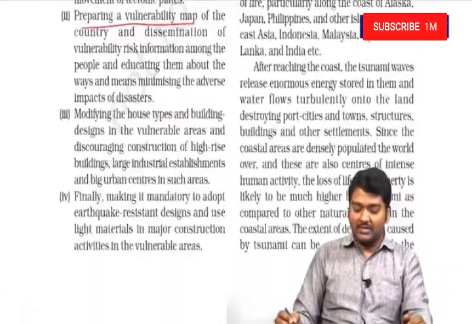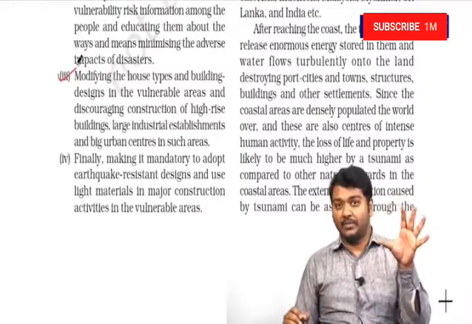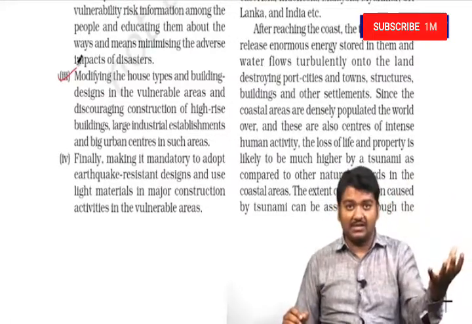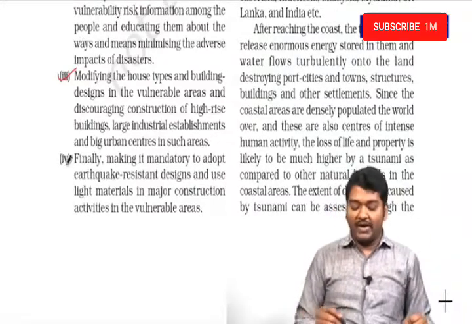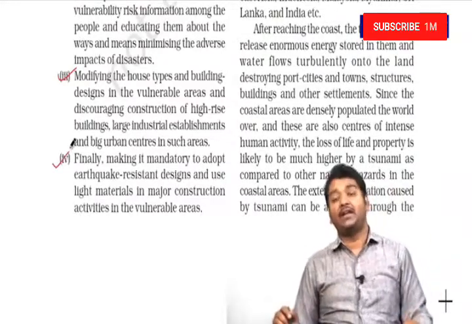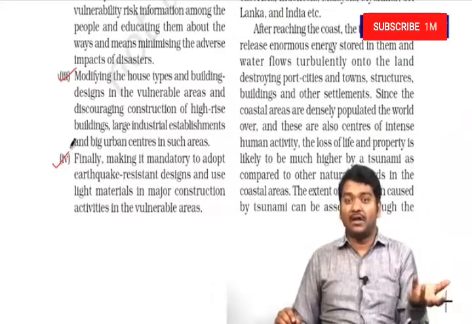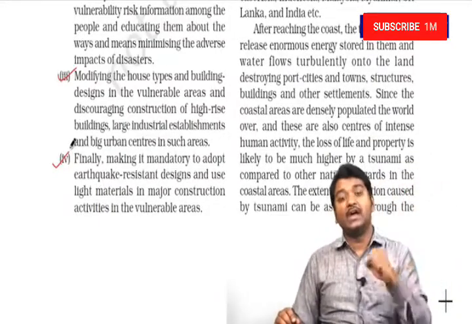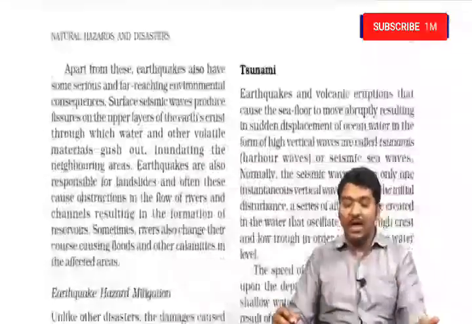Modifying the house types and buildings, wherever more industries are present, there can be blasts in the industries during this particular period, and we have to avoid it. Finally, we have to make our entire ecosystem, lighting and others, eco-sensitive, because whenever earthquakes happen, it should not lead to electric shocks and other things which may be troubling.